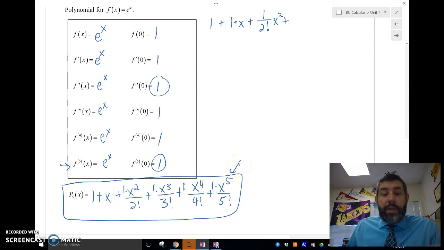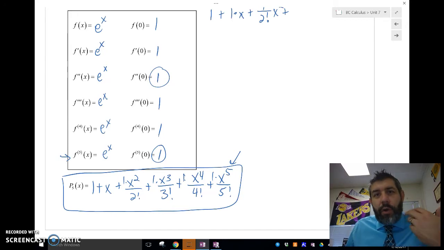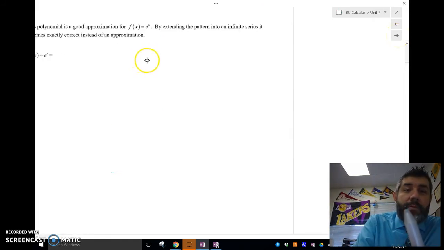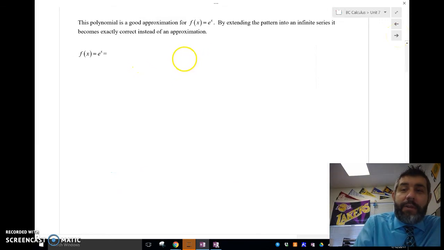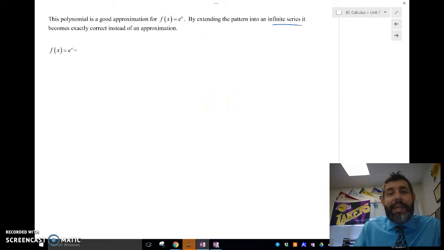Now, this polynomial is a good approximation for e to the x, but it's not exact, because it only goes to the fifth degree. But if we continue to do this over and over again, we end up with an infinite series. This infinite series ends up being the exact correct representation instead of just a good approximation.